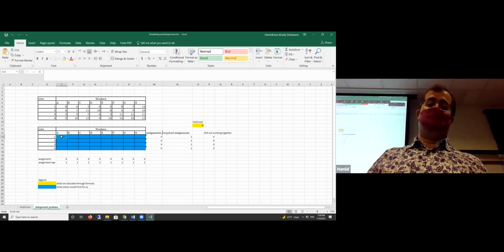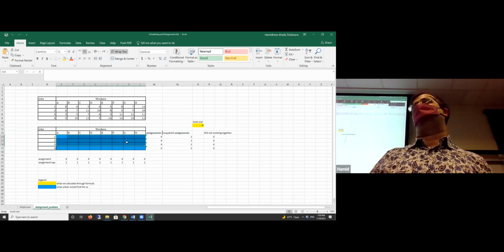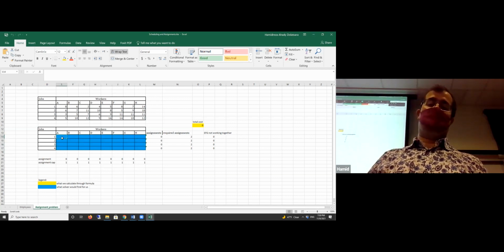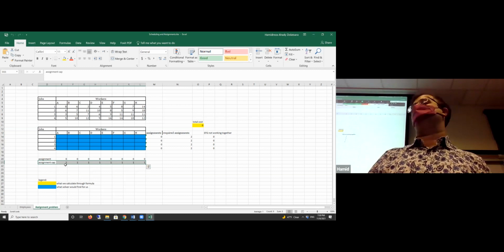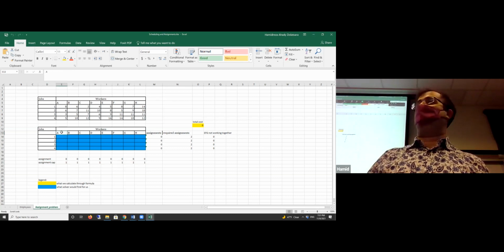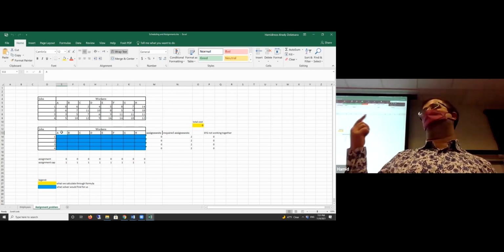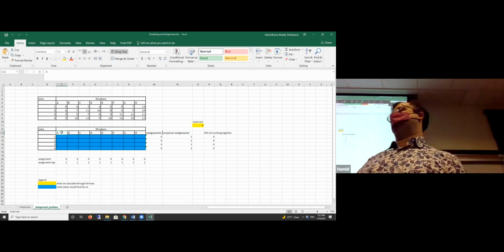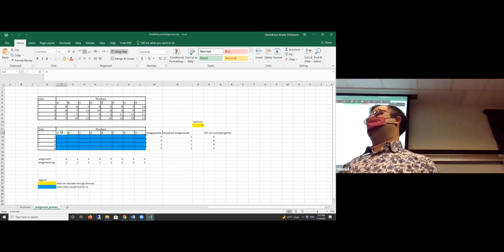So these blue cells mean that if I assign a worker to a job, the value could be 0 or 1. For example, look at the last button, the assignment cap. It just means worker A can be assigned to only one job. You cannot assign one person to 2 different jobs.